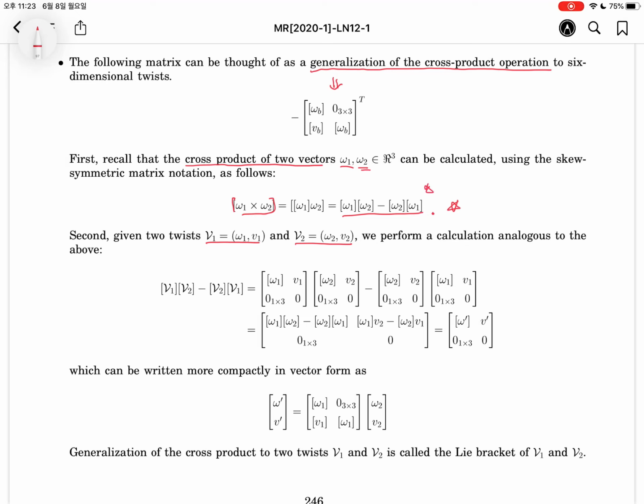So V1 skew symmetric form, V2 matrix form of the V2 as a 4x4, V2 and V1. Okay, maybe you know that the matrix form of V1 will appear W1 matrix form of W1 and V1 as a vector, W2 and V2, W2, V2, W1, V1.